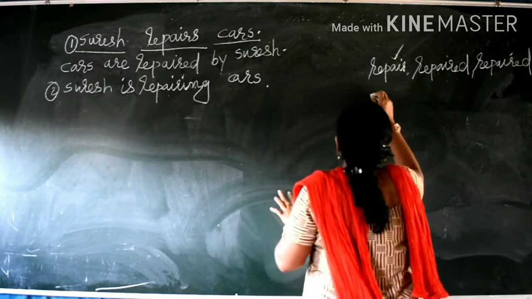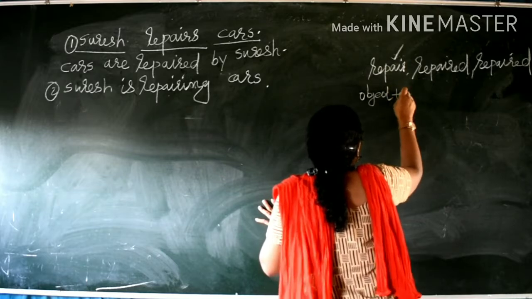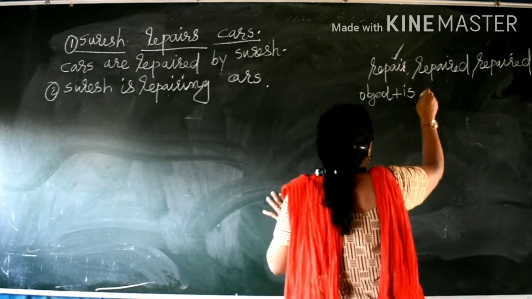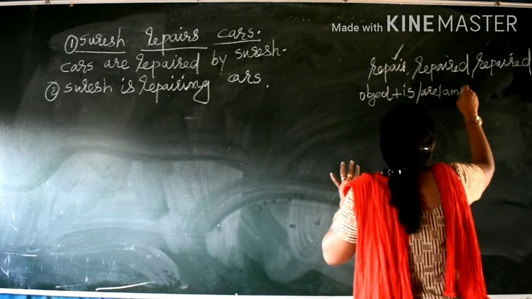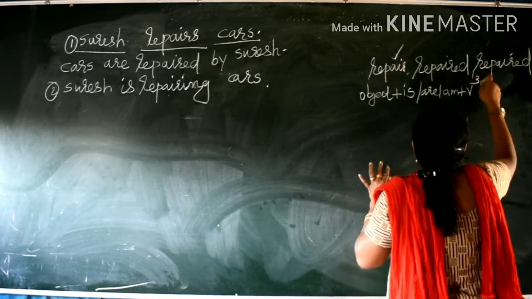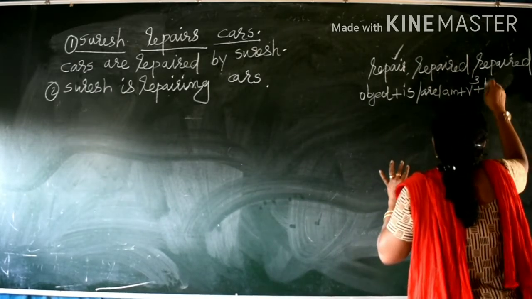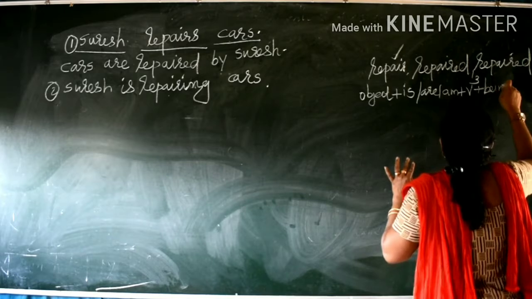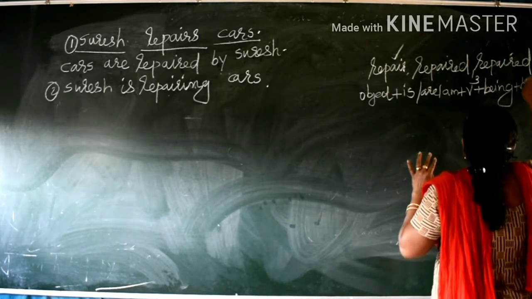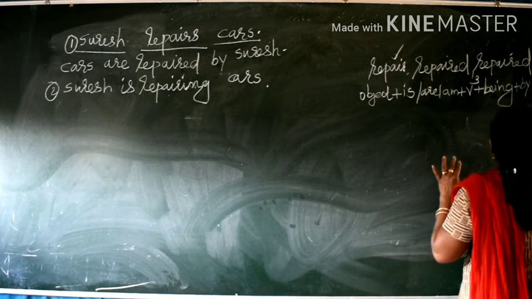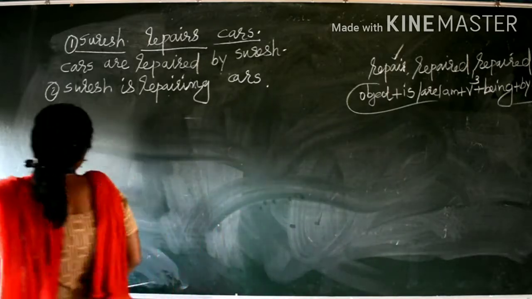The formula is: object plus "is" or "am" or "are" in the present tense, plus the verb third form, plus "being," this is the extra one we add in the continuous tense, plus "by" plus subject. This is the formula for present continuous tense.